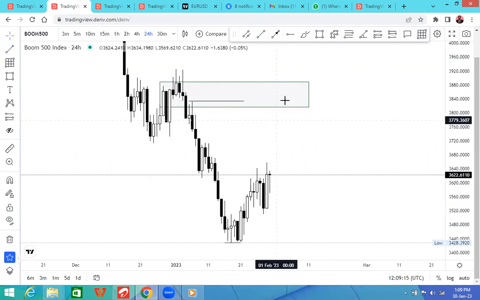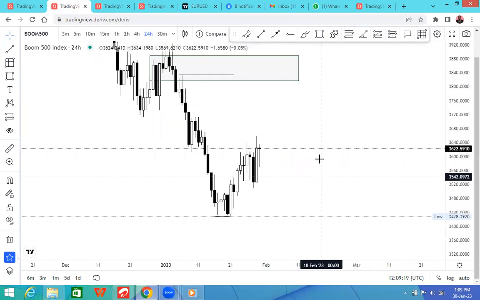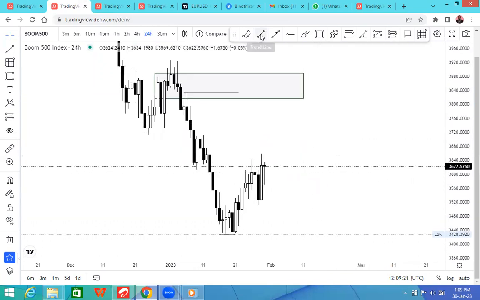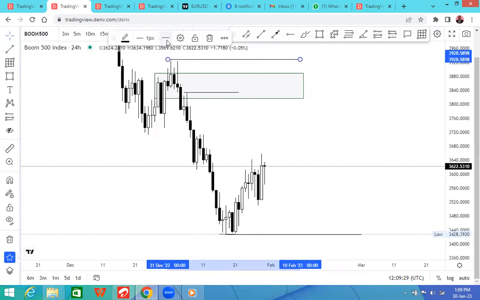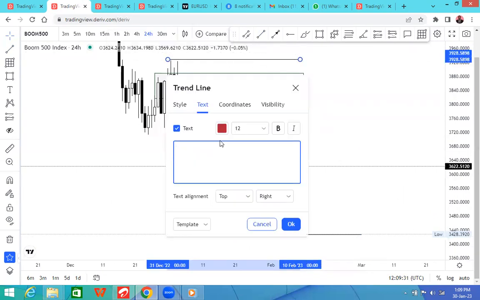We take this internal liquidity, then we can go down to take this external liquidity. So now what is my range? Top range on daily and daily down range. So let me annotate this. Daily range high.